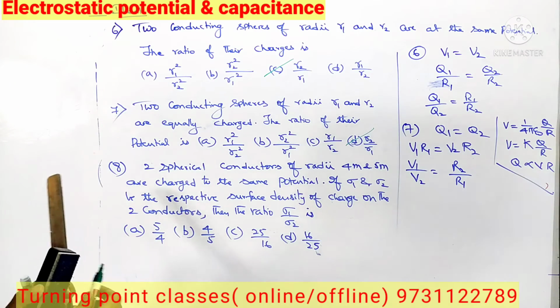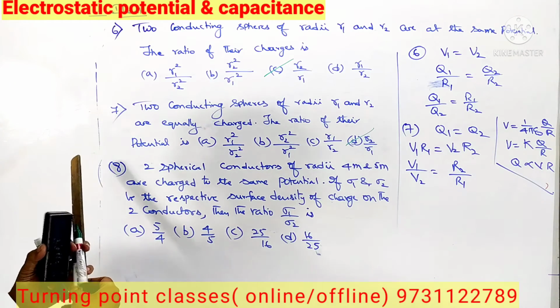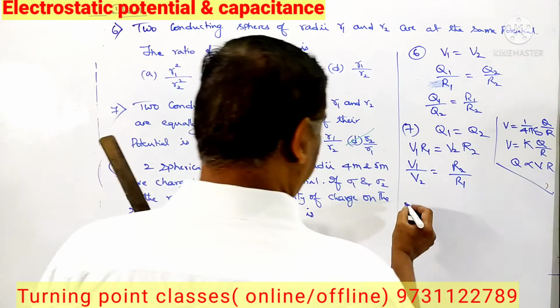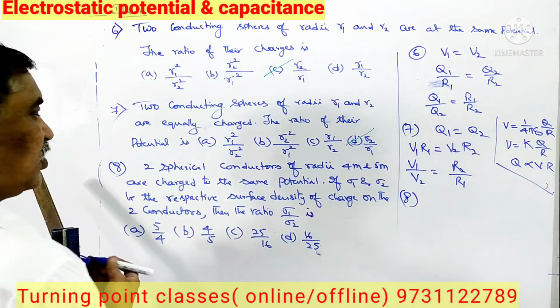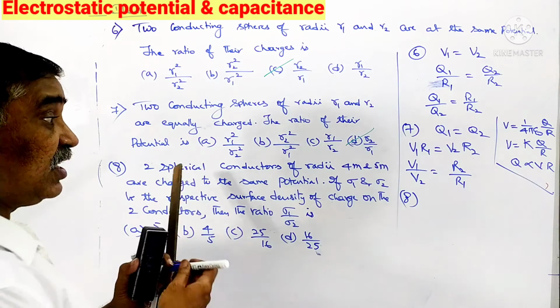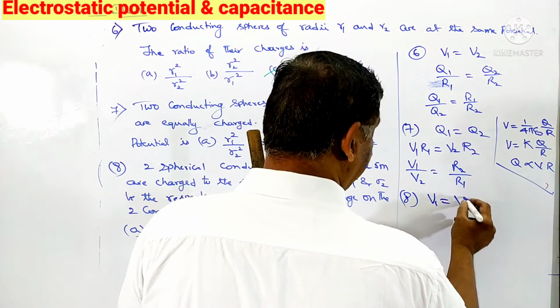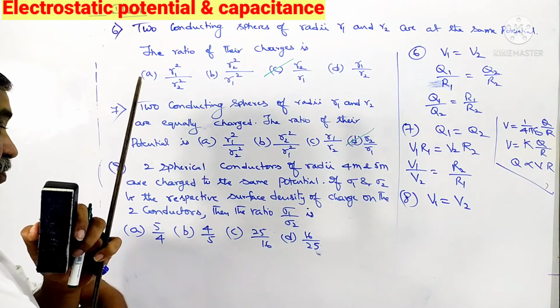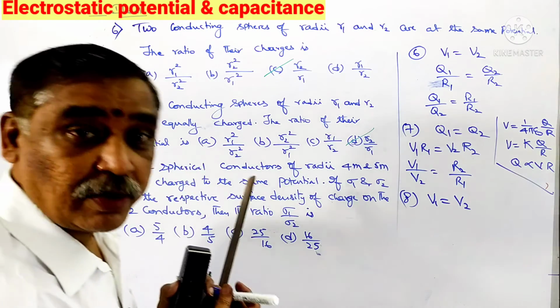Next question. Two spherical conductors of radii 4 meter and 5 meter are charged to the same potential. Potential is the same. That means V1 is equal to V2. If sigma 1 and sigma 2 are the surface densities of charge, then what is the ratio of sigma 1 by sigma 2? Simple one.